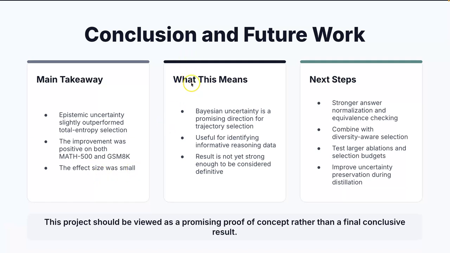So what does this mean? So this means Bayesian uncertainty is a promising direction for trajectory selection and is useful for identifying informative training data.